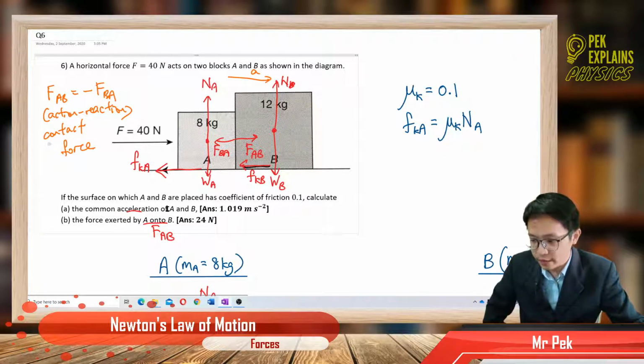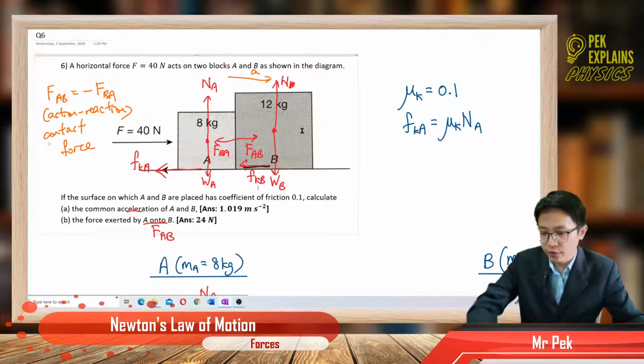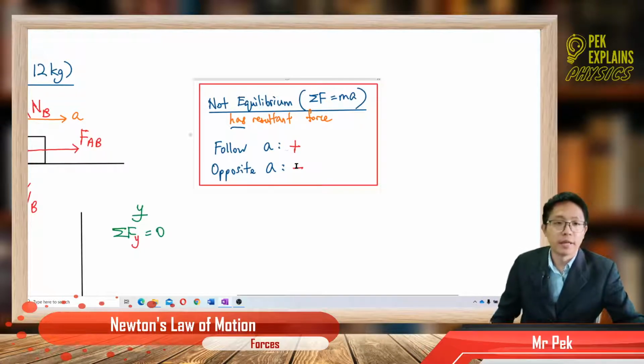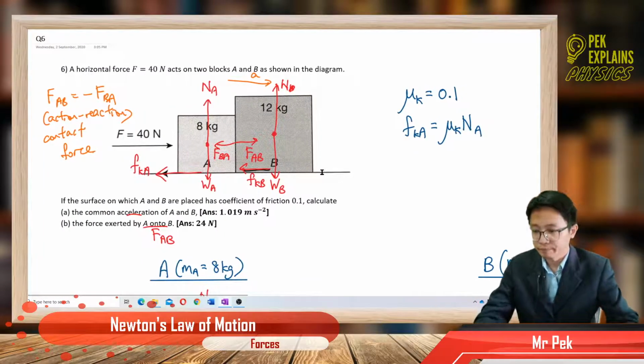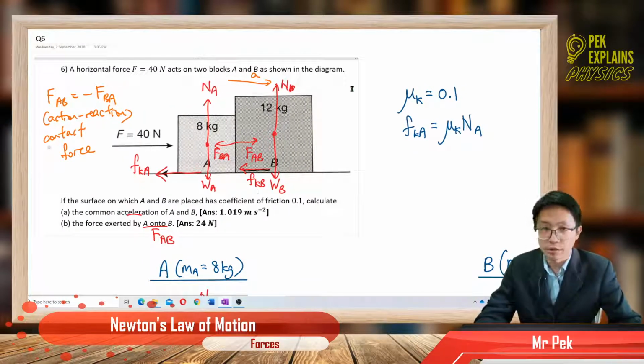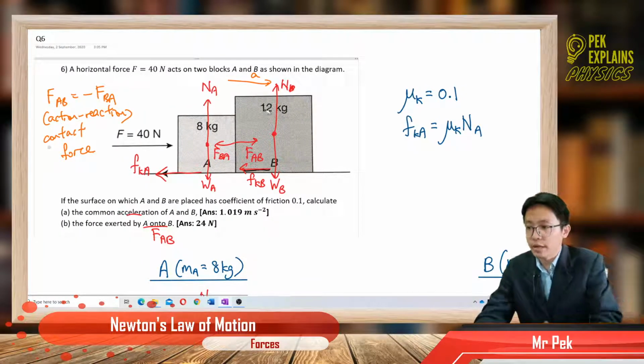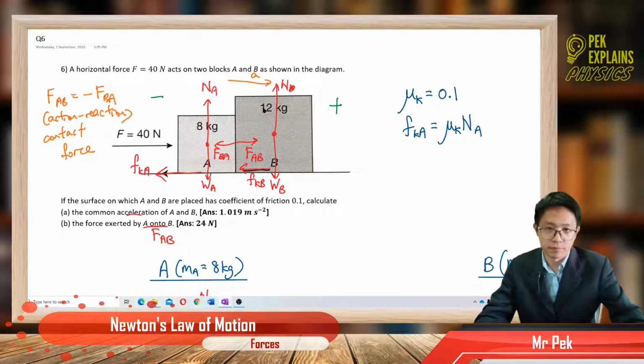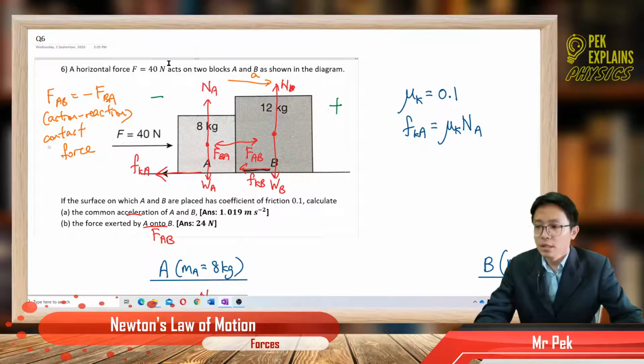We want to find the acceleration of the whole object. So don't forget, we must put the sign, positive or negative. Since we have acceleration, follow acceleration, put positive; opposite acceleration, put negative. So acceleration is to the right. Direction to the right is positive, direction to the left is negative.